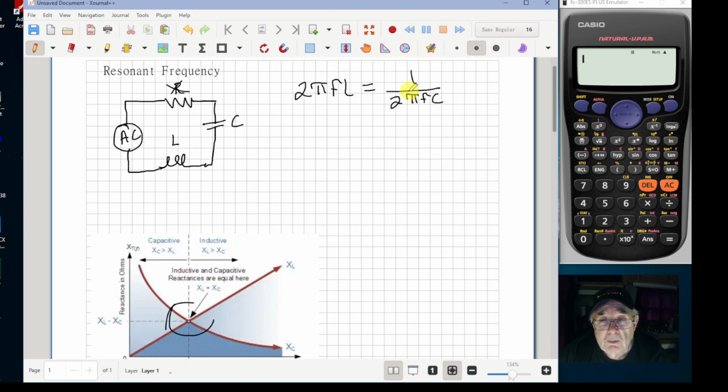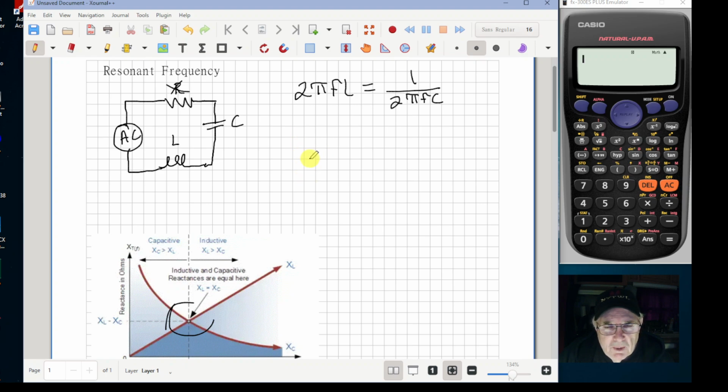This really puts some sharp point on your algebra skills to be able to manipulate literal equations. We're not finding a numerical value. We're solving this equation for one particular variable, F. So you might start by multiplying both sides by this denominator to get rid of the fraction, and then start isolating for F. So there's a big hint for you on how to do that.